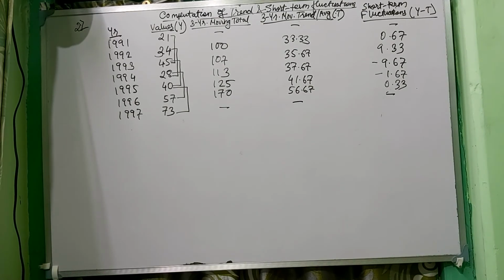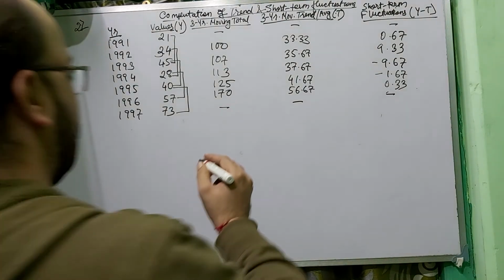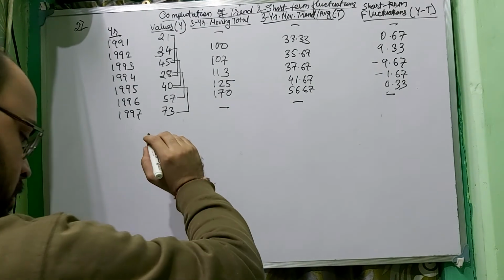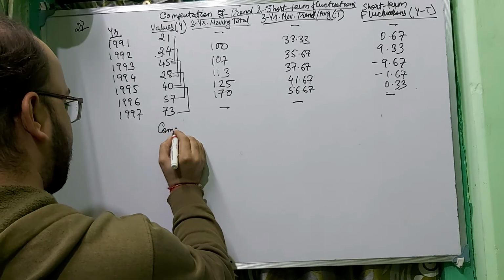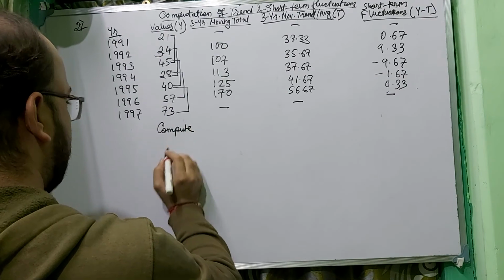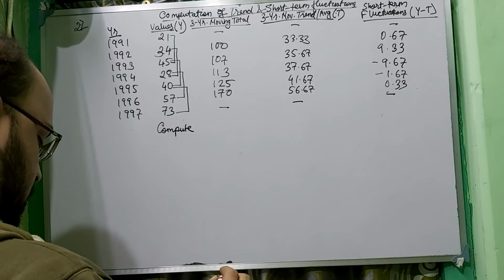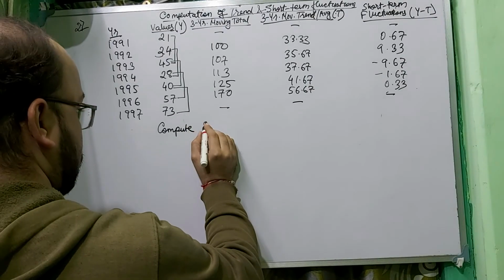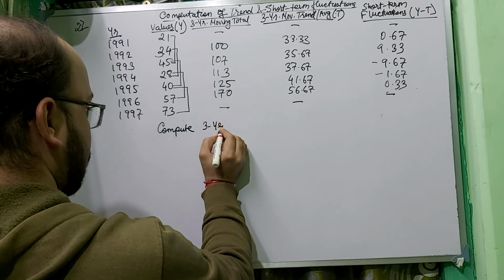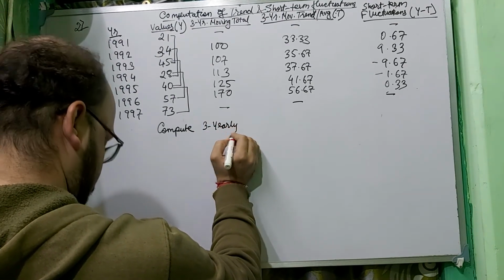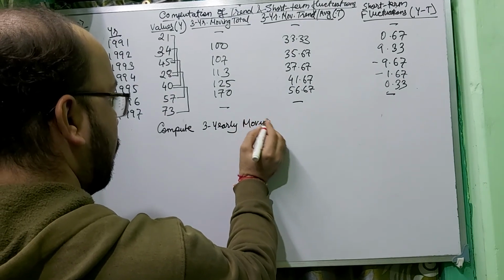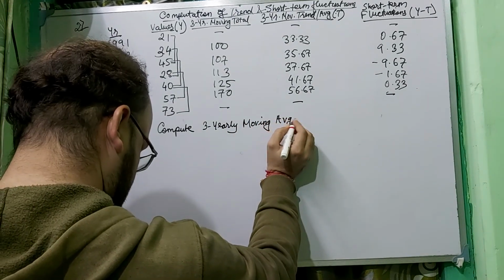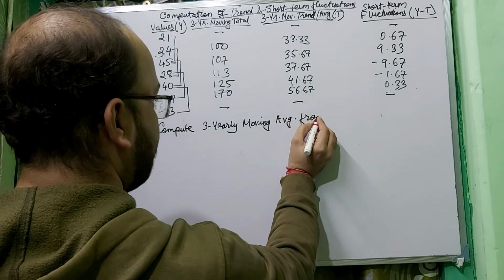I am providing you one sum as homework. I have written: compute the three-year moving average from the following.